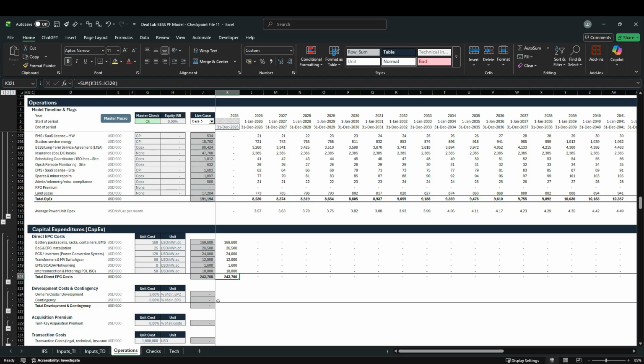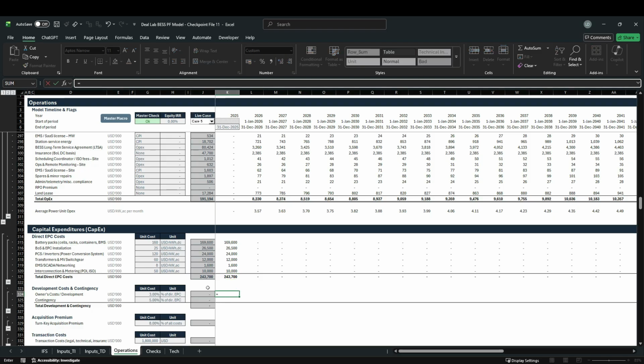And now that we know our direct EPC costs, we can move on to our development costs and contingency. And this is going to be a simple percentage of the direct EPC. So we take our unit cost in percent, hit F4 3 times, and let's multiply this with our actual total direct EPC costs in row 321.